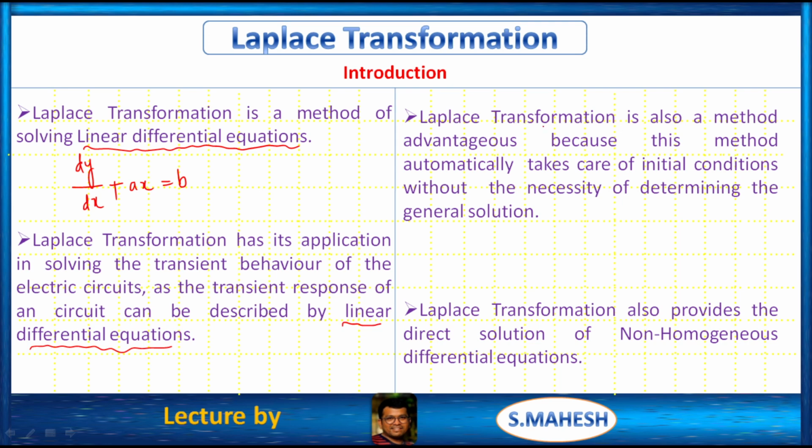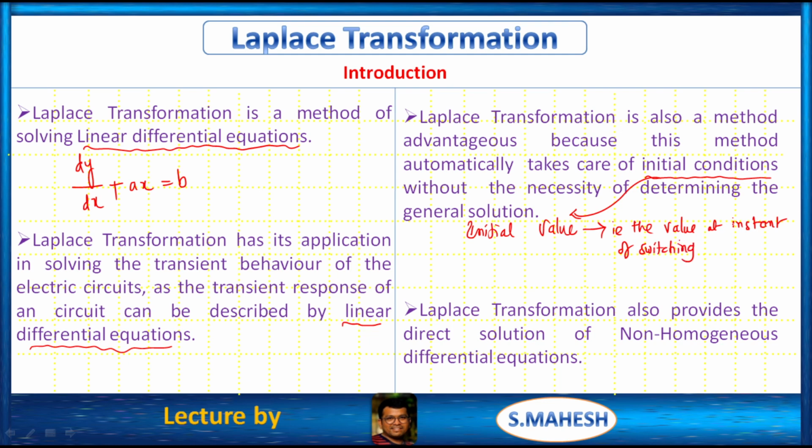Next, Laplace transformation is also advantageous because this method automatically takes care of initial conditions. What is meant by initial conditions? It is nothing but the initial value, that is the value at the instant of switching, right?